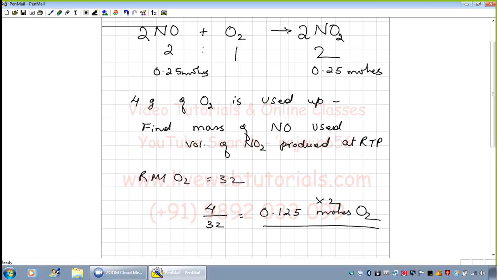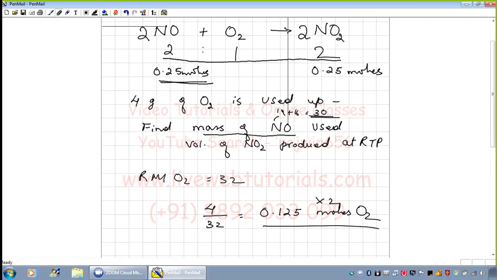For the mass of NO, the RMM will be 14 plus 16, which is 30. That's 1, so now you'll have to multiply by that 2. So that's 60. No, 60. There's 2 now. So 0.25 moles it is. Correct. We are supposed to consider this part, not the mole ratio which is there in the original reaction.